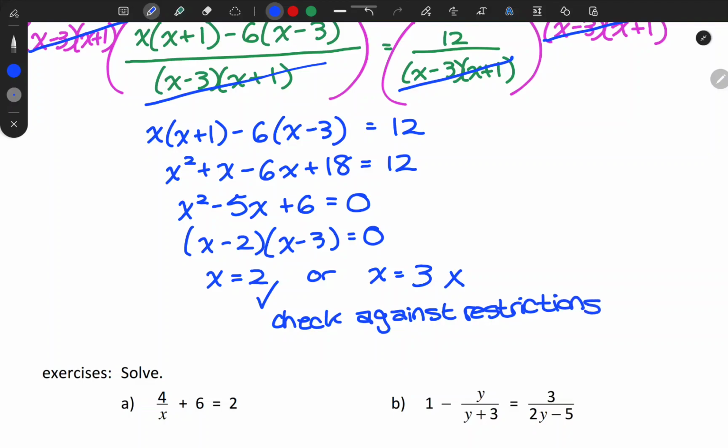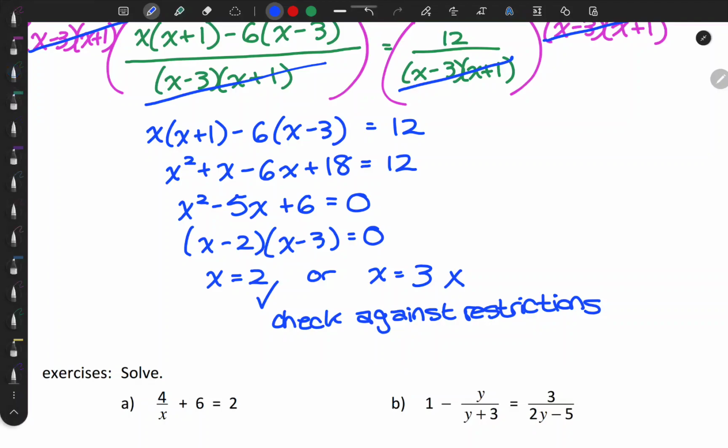And we can tell just by looking at the restrictions, if we put x equals 3 back into our original equation, we can see we'll be dividing by 0, and we can't do that. You can test the other one, substitute in a value of x equals 2, and we'll see that that works. We call that first one, that does not work, extraneous. But we do have one solution or root, which is that x equals 2.